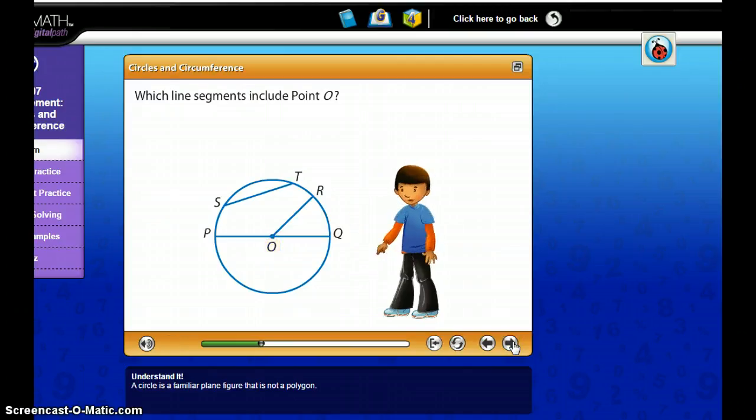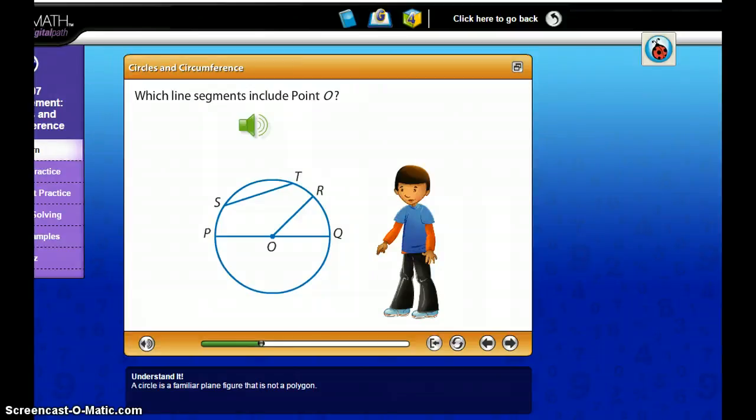Which line segments include point O? Which line segments include point O, Austin? P, R, and Q. There is no line segment PR. No, I mean like that. It stretches out to. Okay, so remember how we name a line segment. How do we name a line segment? Haley?